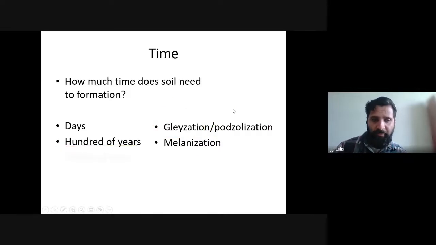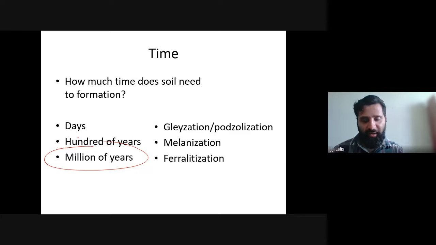And we have some processes that, of course, span millions of years, like ferralization or plinthization, the formation of concretions, iron concretions or iron nodules. They take too much time for us to see in the field, but we can measure and describe this evolution using morphological, chemical and physical studies or analysis of these layers and horizons.